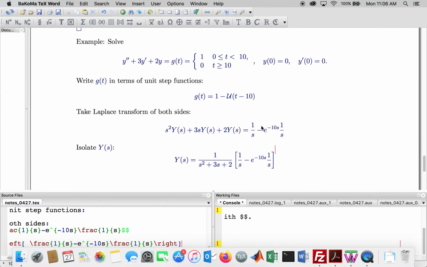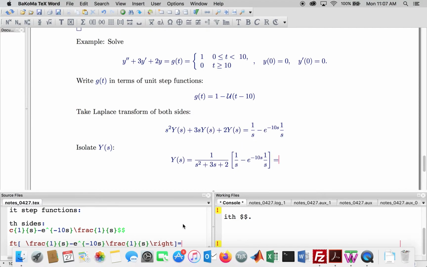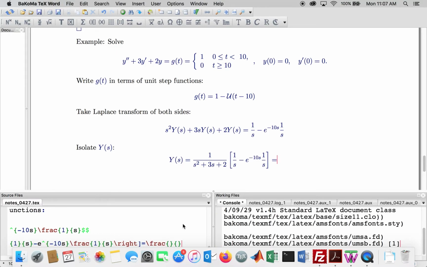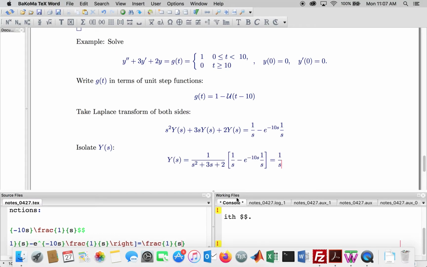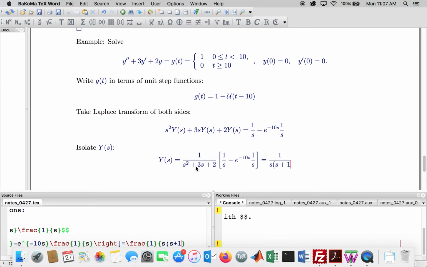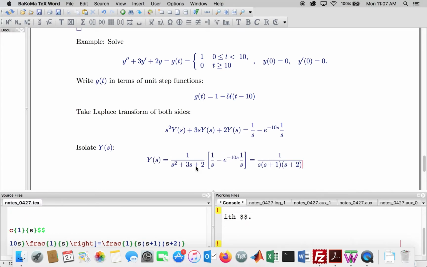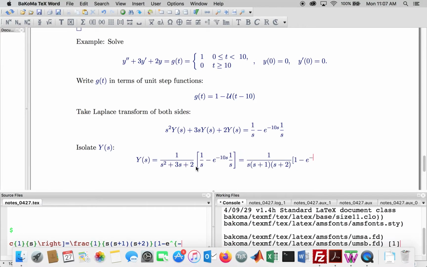Okay, but now what I'm going to do is factor out a 1 over s from all this. And then this, s squared plus 3s plus 2, factors nicely. So that would be s plus 1 and s plus 2. And then we still have 1 minus e to the minus 10s.